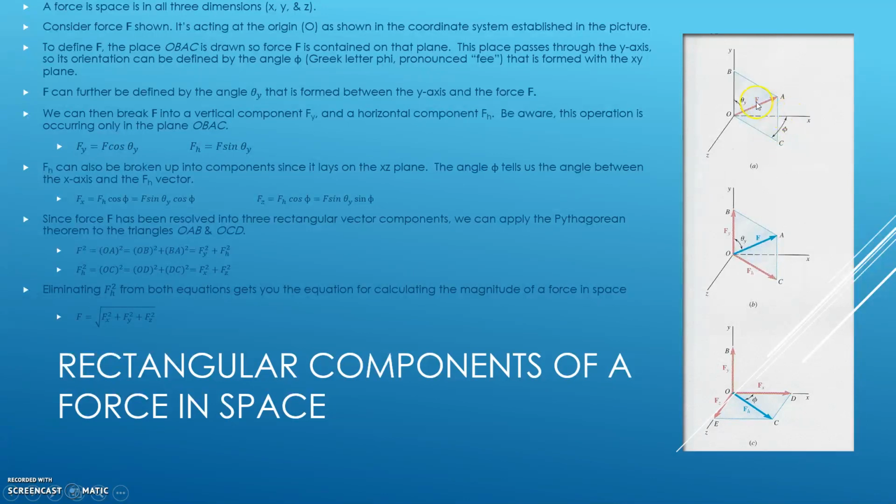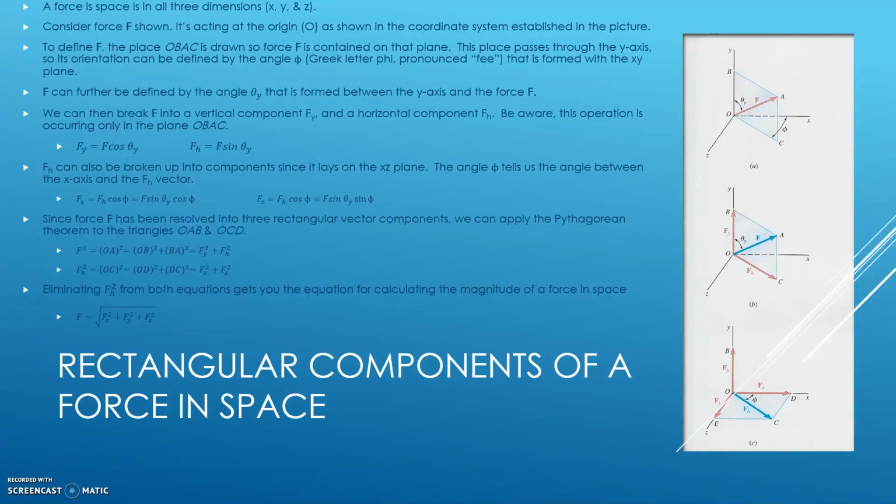It's like if I took this force, drew it on the xy plane, and then took my paper and pivoted it out toward me at that angle. We can also further define this by angle theta sub y. How far is it tilted from the y-axis?